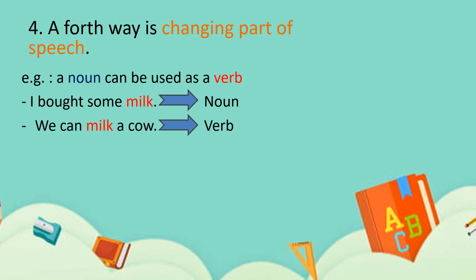Another example of using the word milk as another part of speech is: we can milk a cow. Milk here is a verb. How do you know that it's a verb? Since it's preceded by the helping verb can, you will distinguish that it is a verb.